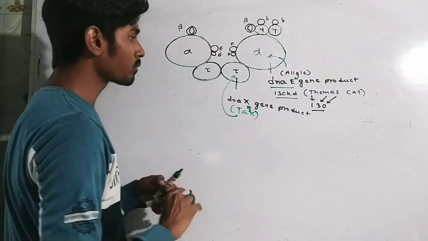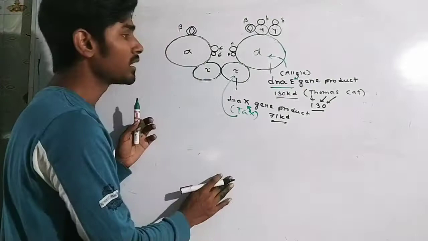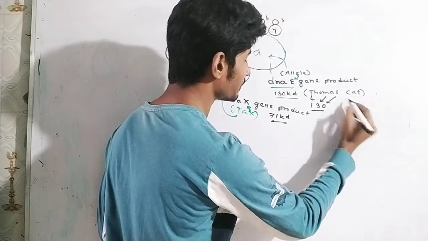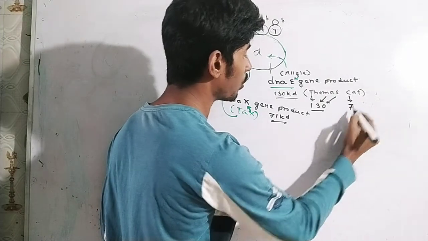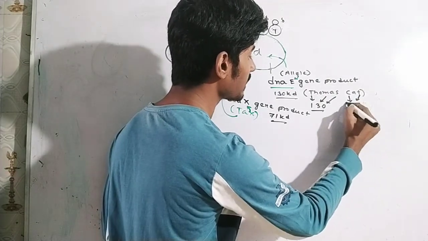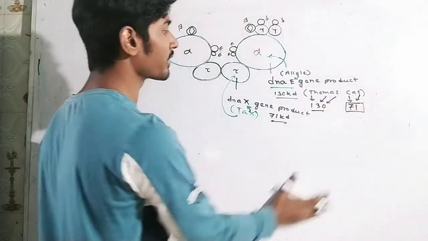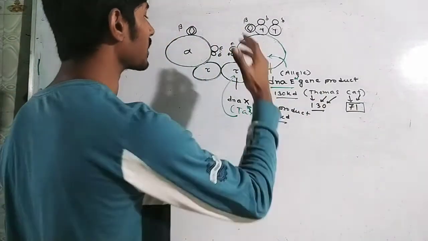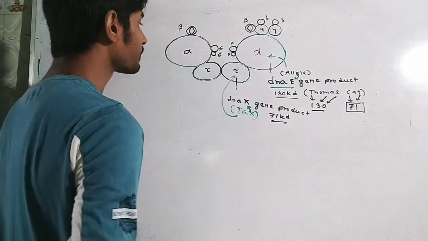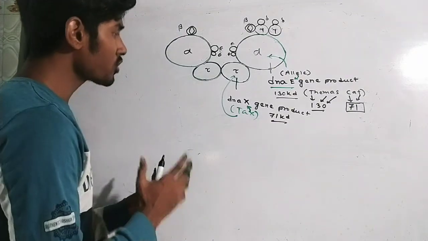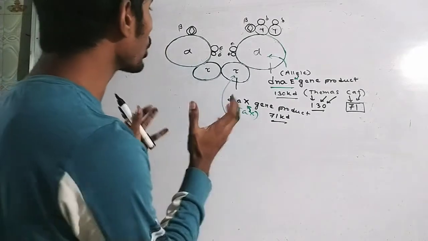The molecular weight of tau subunits is 71 kilodalton, and you can easily remember this by the word cat, where C is equal to 7 and T is equal to 1 in mnemonic methods. So you can see that these words are helping you to remember the molecular weights of alpha and tau subunits respectively. Now the function of tau subunit is the dimerization of the catalytic core of the enzyme.